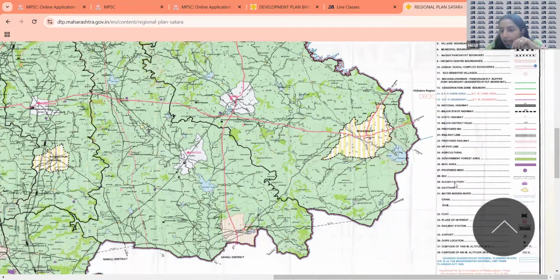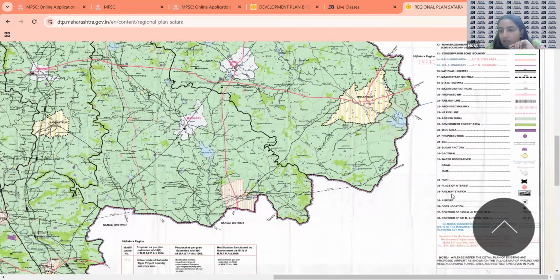Okay, so sugar factories, what are Gauthan areas, so smaller villages, village settlements, which are more in the transition phase, those have been marked. Your water bodies, etc., places of interest, port areas which are there, all of that has been marked.